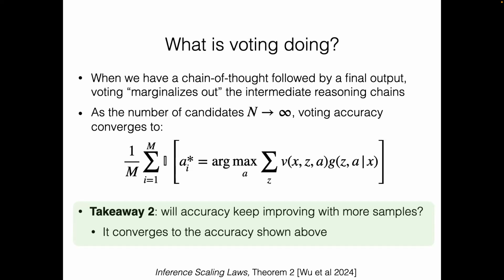And maybe that's not too surprising, because this is saying that the accuracy will converge to this thing here. And so unless you have an extremely good reward model or an extremely good generator, then this accuracy is going to be lower than 1, and you can't do much better by doing this majority voting.